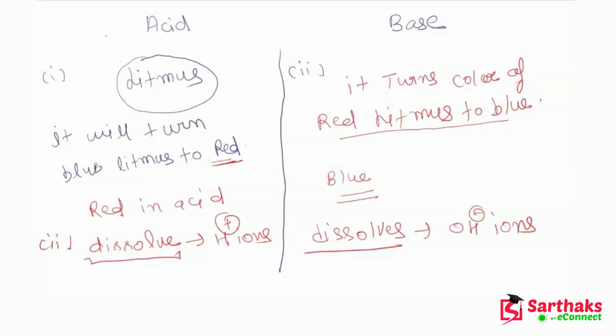And if you dissolve a base in water, then it will form OH minus ions. I hope this basic thing is clear to you. Now, after understanding the differences between acids and bases, let's move ahead to the next slide and talk about other things as well.